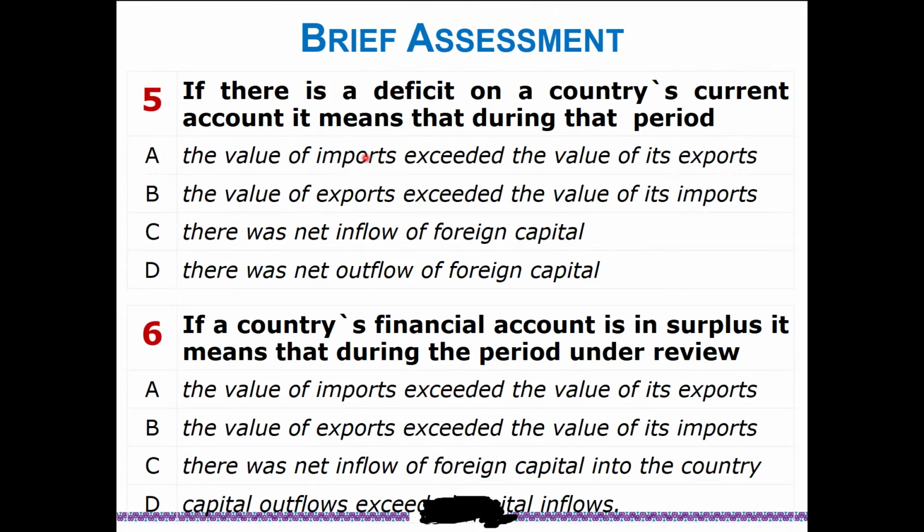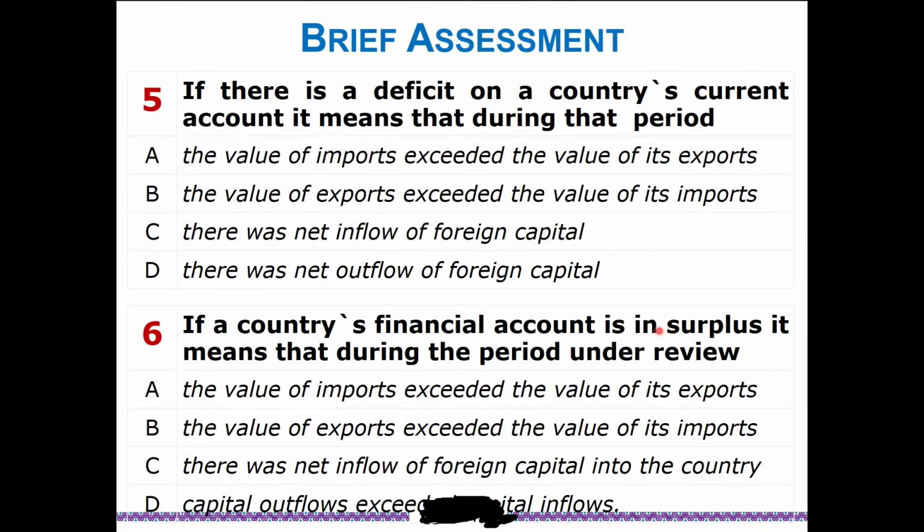Yeah, number A is the correct answer. I just wanted to confirm that. And then number six: if a country's financial account is in surplus, it means that during the period under review, so now we are in a surplus, right? So we have inflows and outflows. Remember I used the example of Patrice Motsepe buying shares in Manchester United. That is an outflow, because he's buying shares from that side.